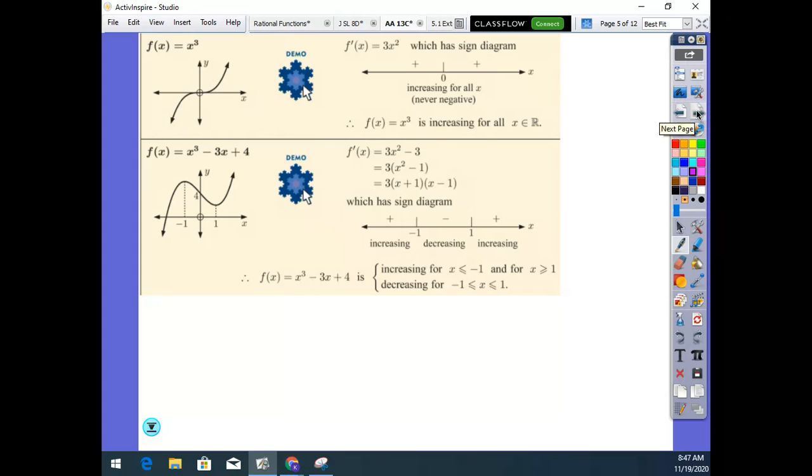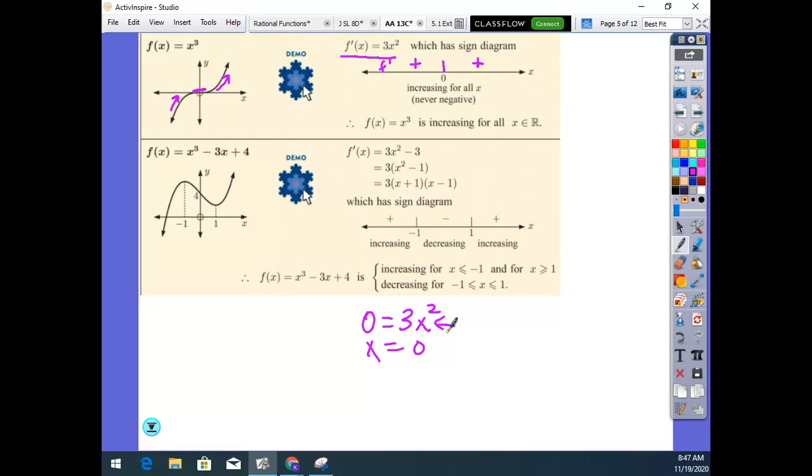Okay, so notice here, there's a 0 slope here. So we do put 0 here. Think of when does 3x squared equal 0, it's when x equals 0. But notice this is always going up. f prime is always positive.